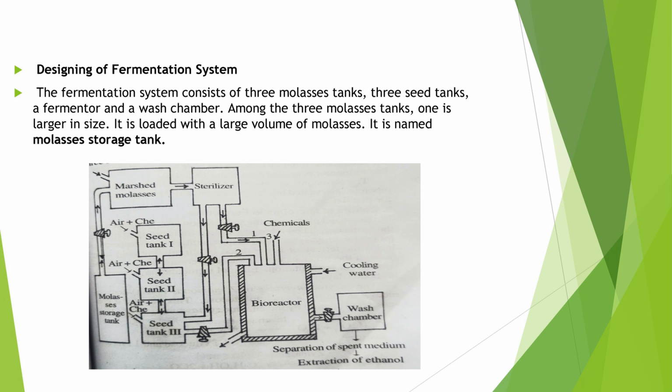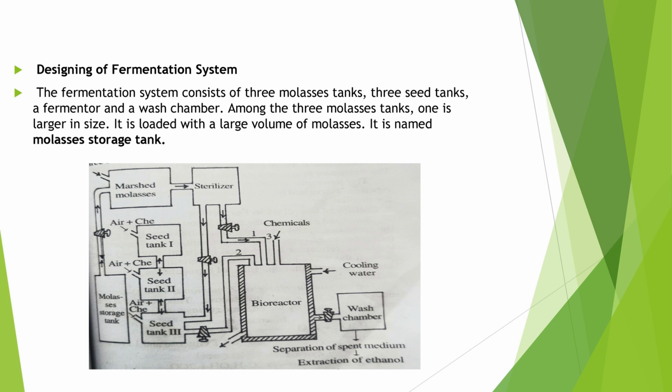Industrial production, and the next step is the designing of fermentation system. The fermentation system consists of 3 molasses tanks, 3 seed tanks, a fermenter, and lastly a wash chamber. Among the 3 molasses tanks, one is larger in size.